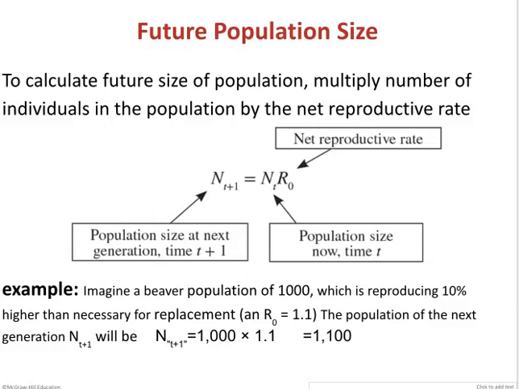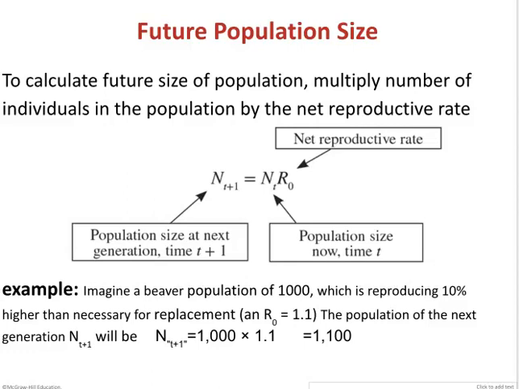To calculate a future population size, we take our net reproductive rate, multiply it by the size of our population today, and that will give us the population size for the next generation. So when we think about those beavers, if we had 1,000 beavers and it was reproducing at a 10% higher than replacement rate, that's a positive growth.